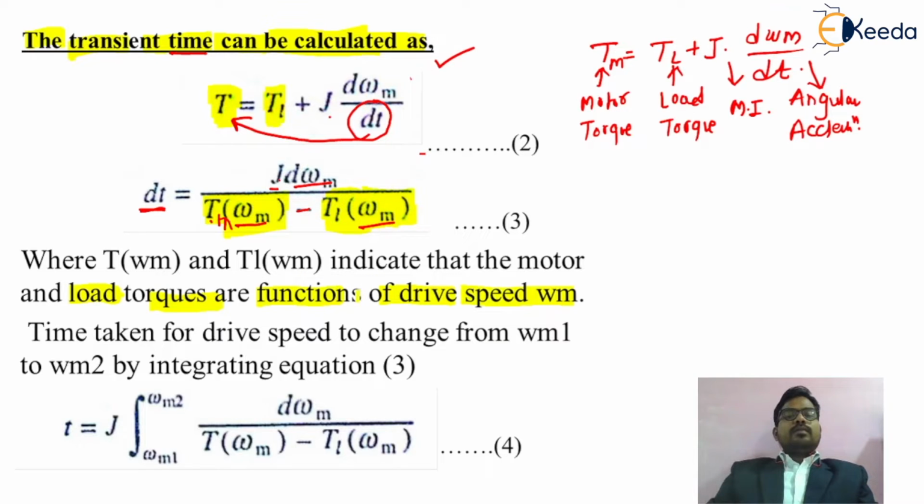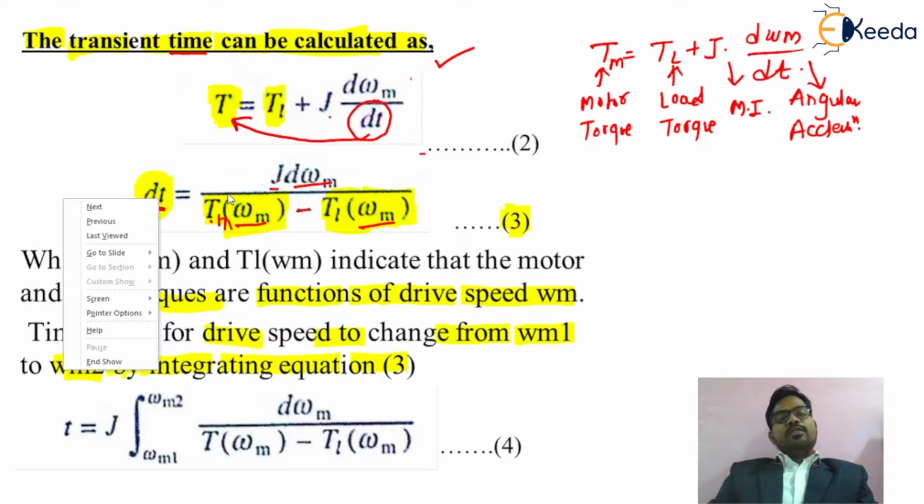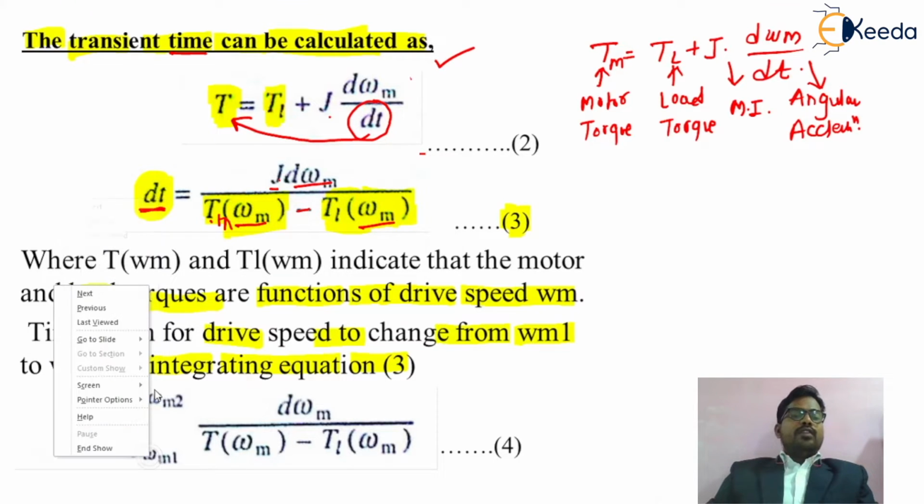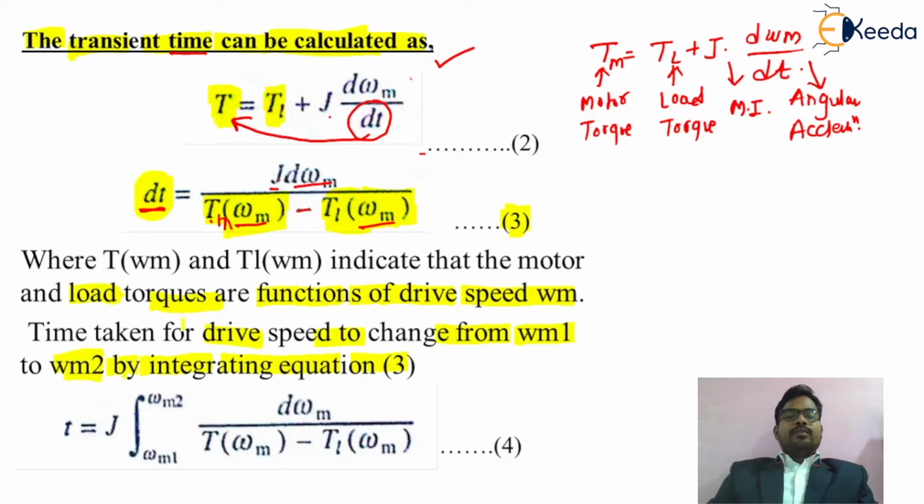So the time taken for the drive speed to change from the initial speed to the final speed is given by integrating equation number 3. For calculation of the time t, we are integrating this equation from omega m1 to omega m2.